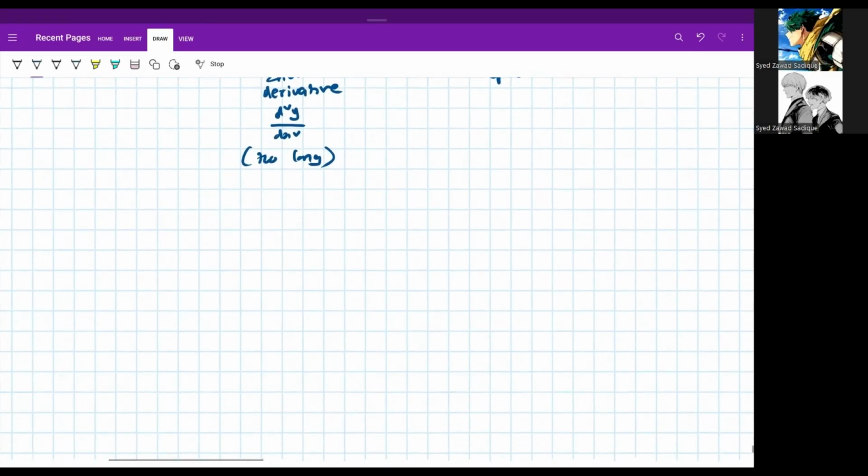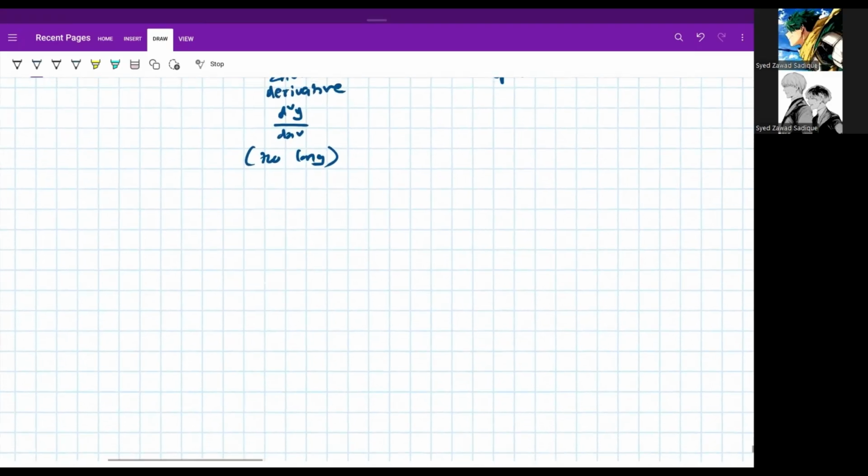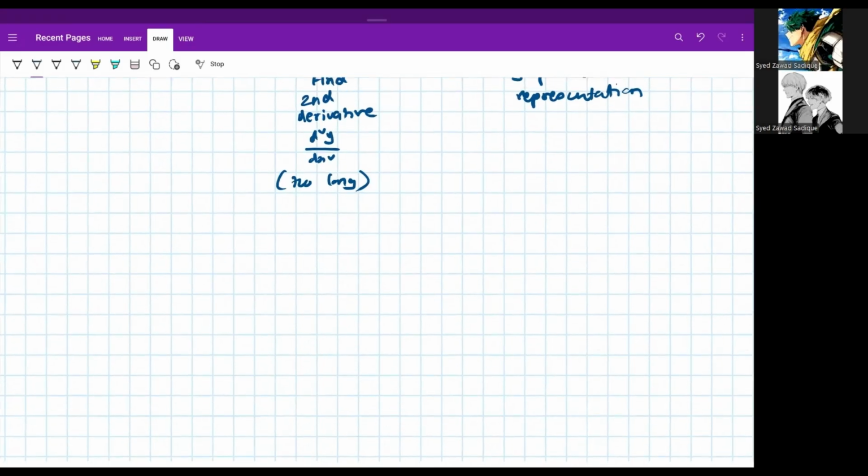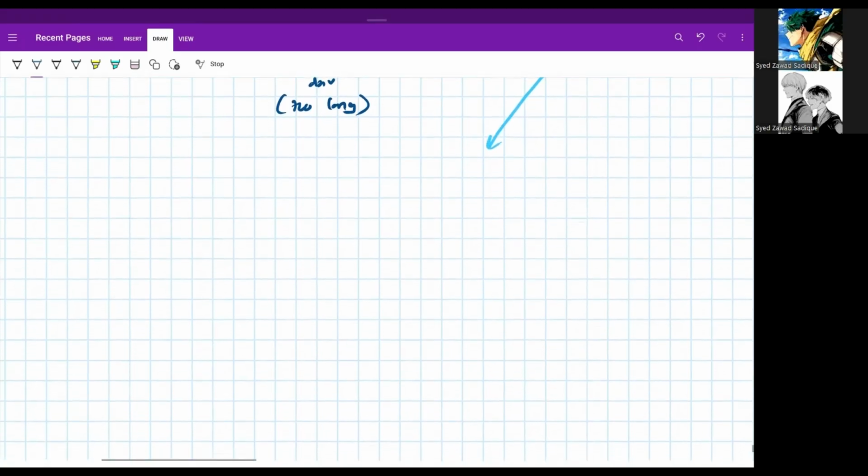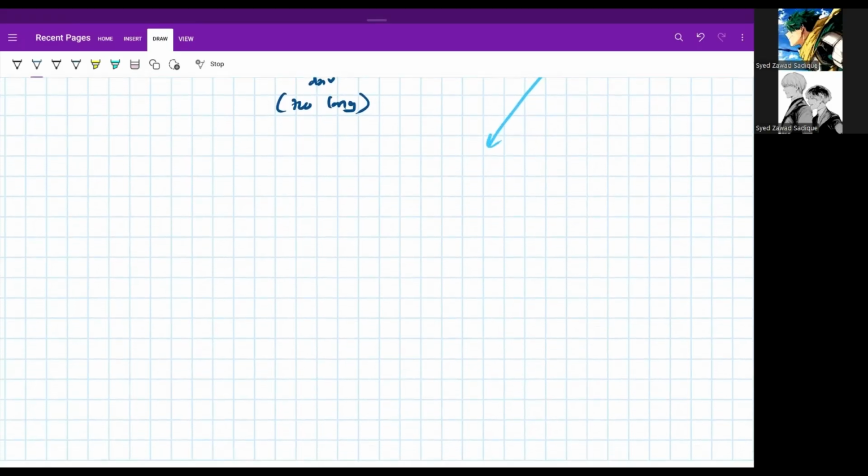So I'm going to show you guys the graphical representation. So how do we do this? Put this here. We draw a table.